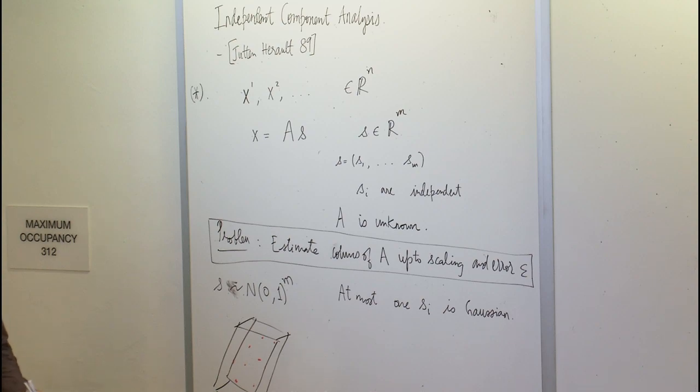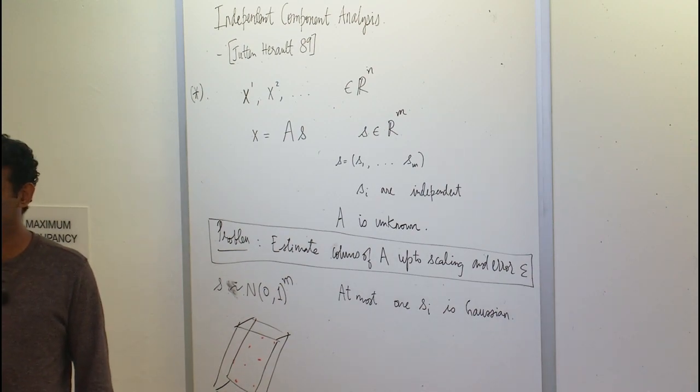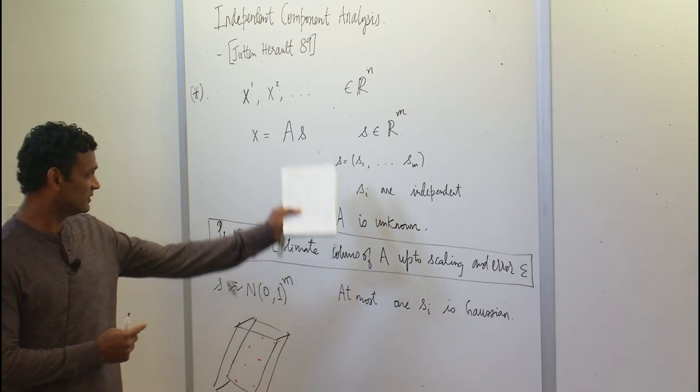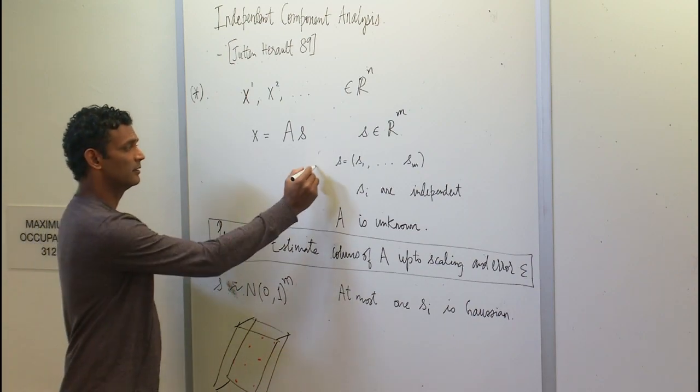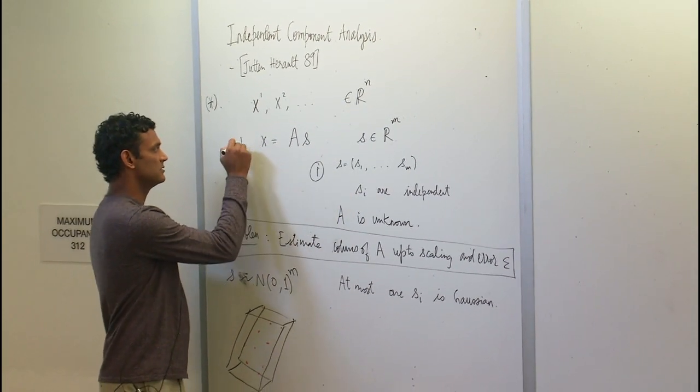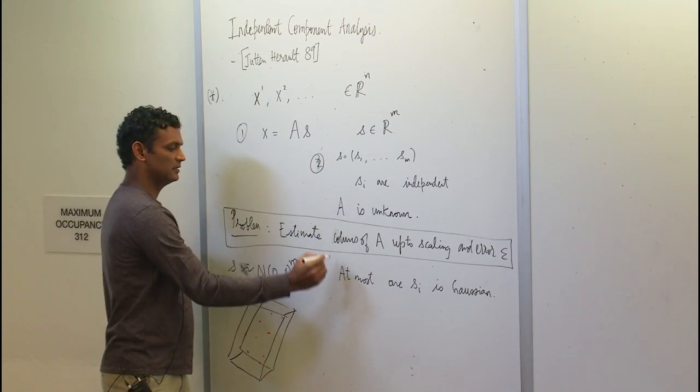You just see the sample, and you want to recover the parallelepiped. Yeah, that's one example. So you know the distribution of s? No. You only know that it's a product distribution. And it's all but one. Yeah, so this is precisely the set of assumptions. I guess this is 1, this is 2.